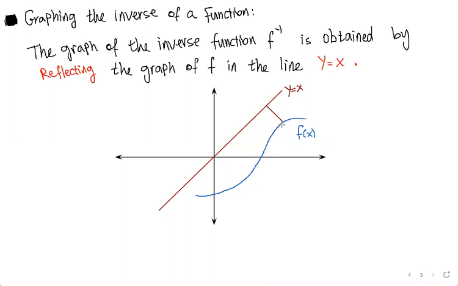So for example, the distance from here to here. We have to draw another one, the same distance from here to here. So this point is reflected around this line to here. This point is reflected around here.